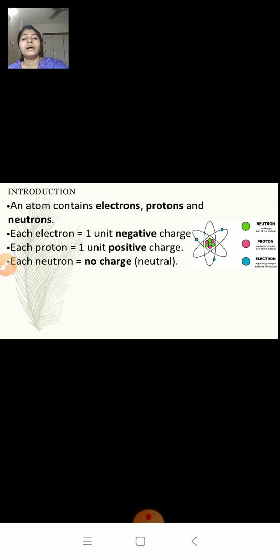Okay. Normally an atom contains an equal number of protons and electrons, which makes the atom neutral. However, if one or more electrons are either removed from the atom or added to an atom, what will happen? The atom becomes charged and that charged atom is called an ion.